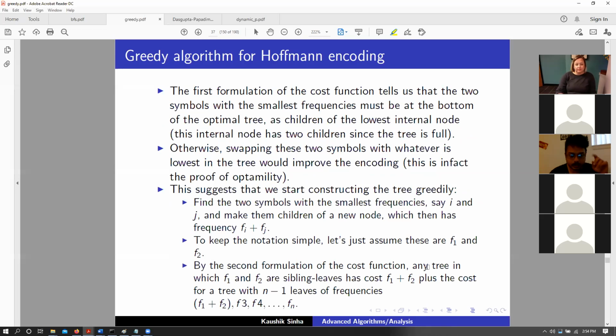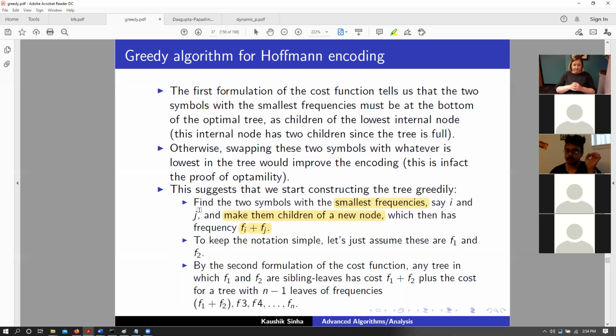So let's say that we have this set of nodes that has this set of frequencies f1, f2, f3, f4 all the way to fn. What we can do to represent this set of frequencies in this tree is pick the two frequencies that have the smallest values, combine them, and create a root node where these two nodes are the children of this new node, where the new node would have a frequency of fi plus fj.